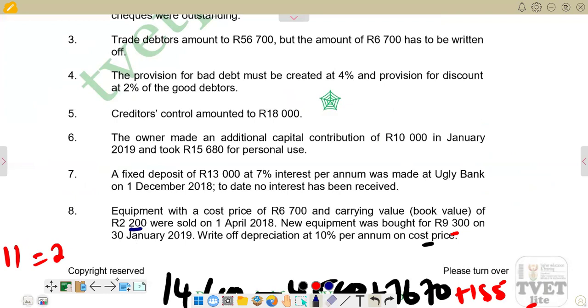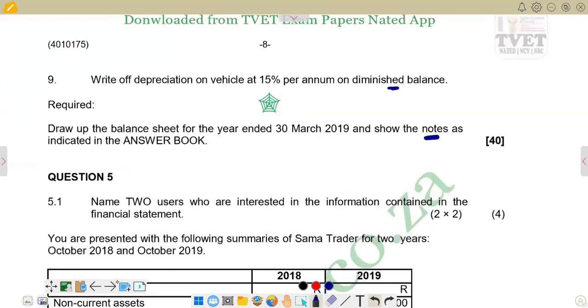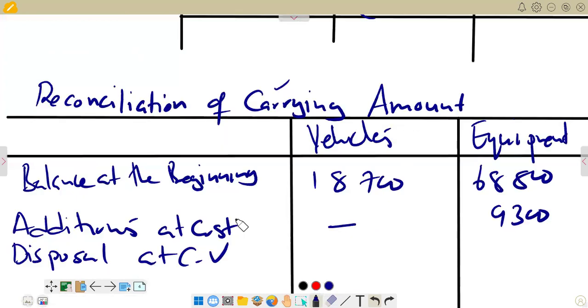So 2,200 for equipment. And when it's a disposal, it means it's going out, so we should show it as a negative, in brackets. For vehicles we've got nothing, because nothing was purchased or disposed.